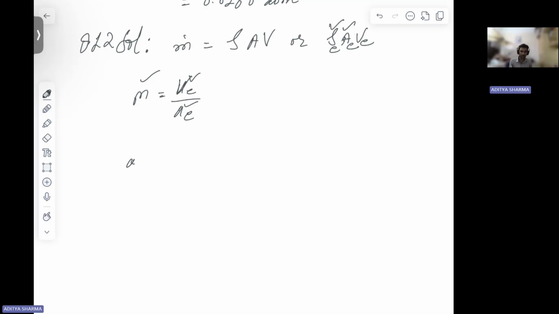Density also we need to calculate. So AE is root of gamma R TE. So this is 1.4 into 287 into 78.57. So we have calculated this.